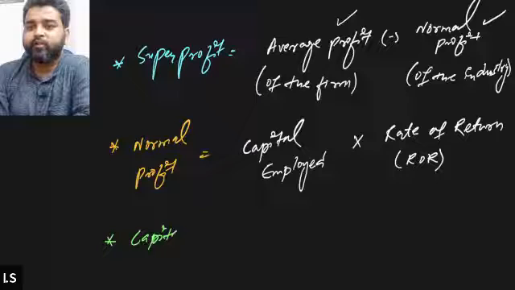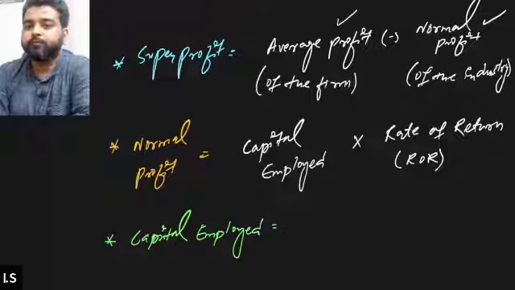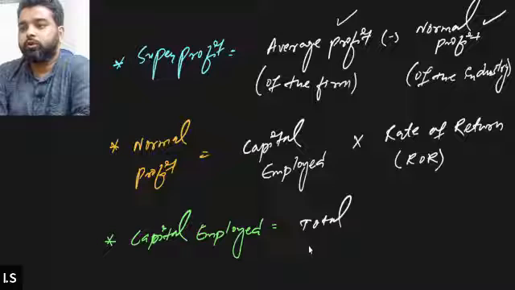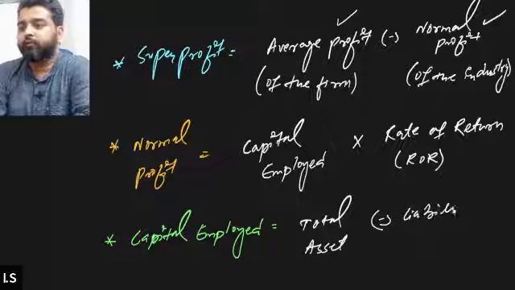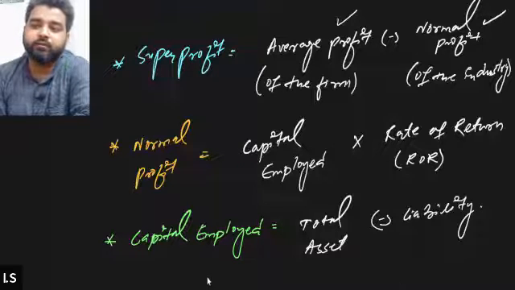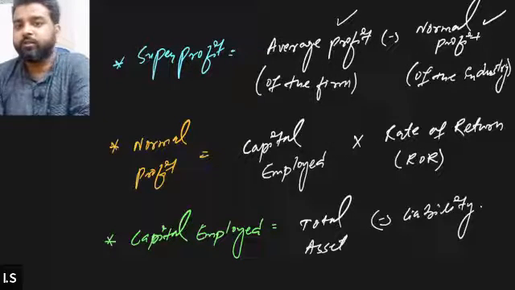Whenever the capital employed is not directly given in the question, all you need to do is apply this formula: total value of the assets minus the liabilities of the firm. This is the capital employed. Total asset minus liability. Is this clear, everyone? Yes, sir. All right.